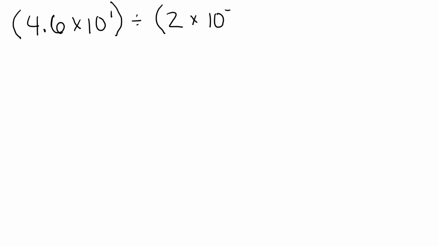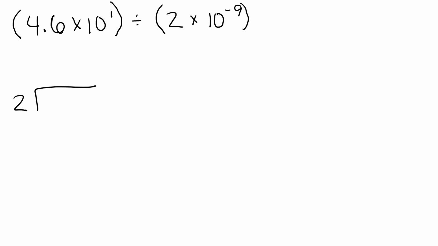For number 12, we have the problem 4.6 times 10 to the first power. We're going to divide it by 2 times 10 to the negative 9th power. Just like when we're multiplying, we do not write our answers in standard form. We can simply divide.